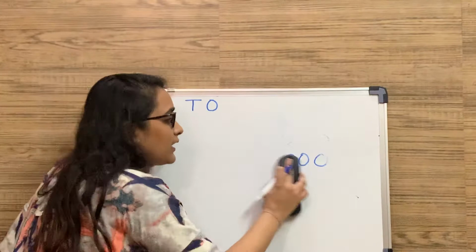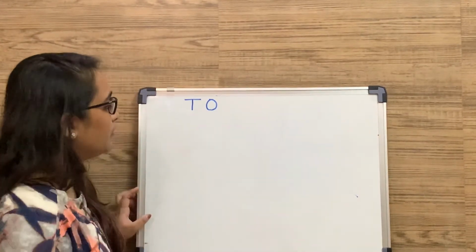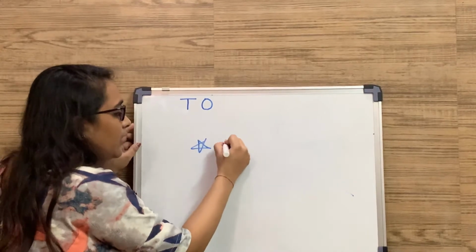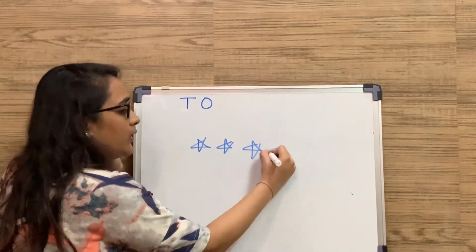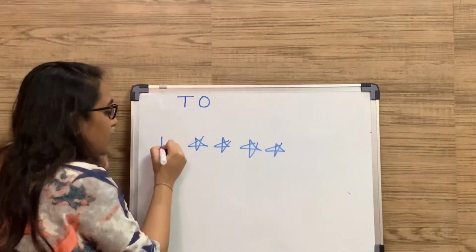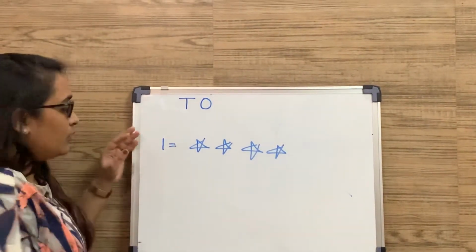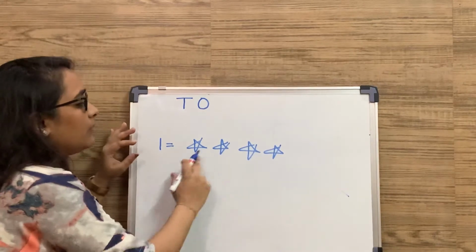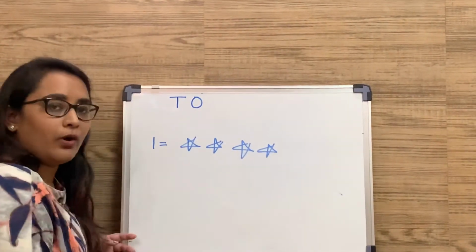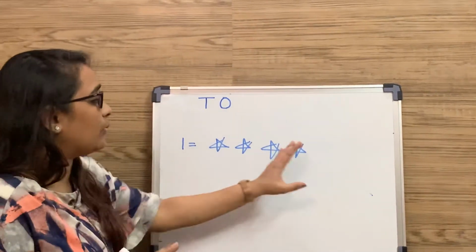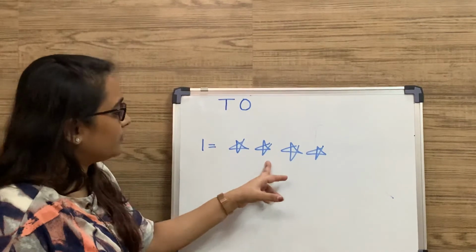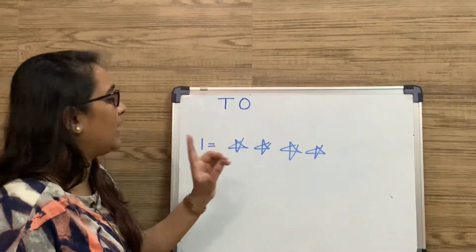And for an activity regarding the numbers, you can draw. If your child has learned 3 numbers only, 1, 2 and 3, you can write number 1 and tell them to color only 1 star. They can color any one of them, this one or this one, but only 1.